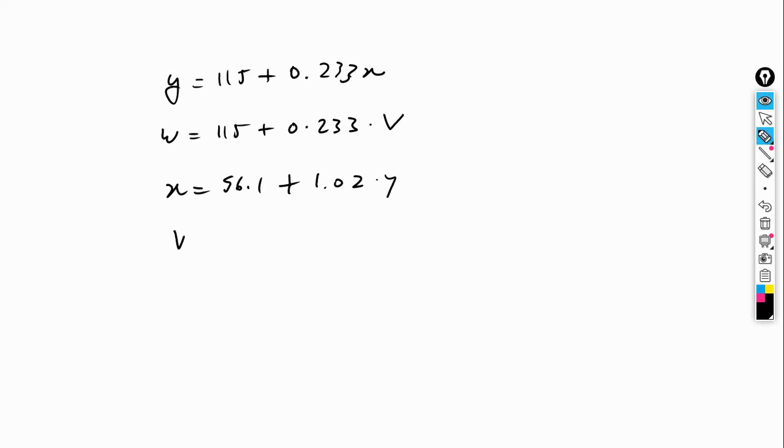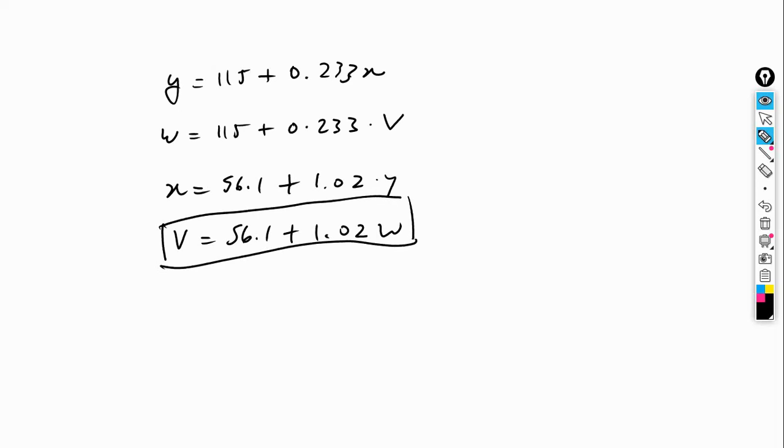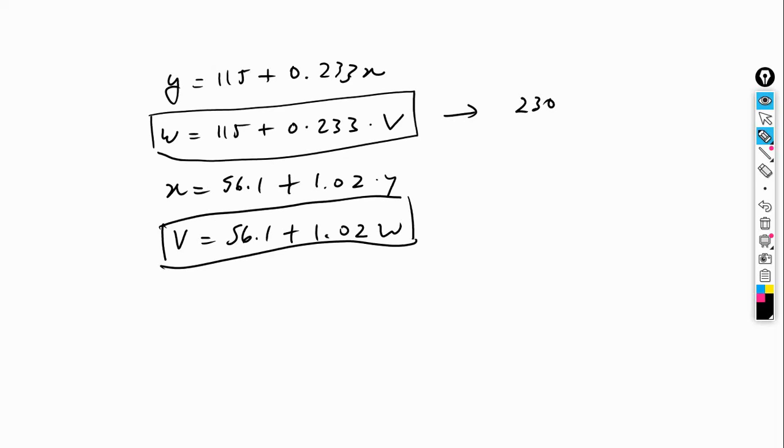Or, in other words, the volume is equal to 56.1 plus 1.02 times the weight. So let's focus on these two equations because these are the ones that are going to solve the problem for us, right? Because they said, use a model to predict the weight. So for this one, we'll use this, the weight of a 230 cubic centimeter fruit. And then they say, predict the volume, so we'd use this one for that, of a 168 gram fruit.